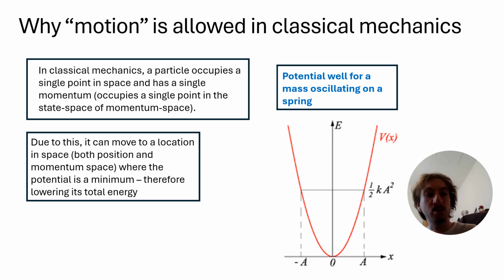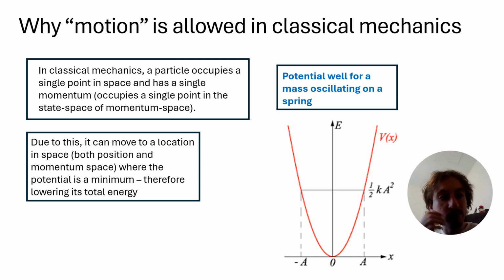Because if we imagine stretching the spring and then releasing this mass, assuming there is no energy loss from the system, this mass will keep oscillating back and forth about a point where the potential is minimum, i.e. about the position where the spring the mass is attached to is at its natural length, and so is not stretched or compressed from the length that we usually have. And we call this point 0.